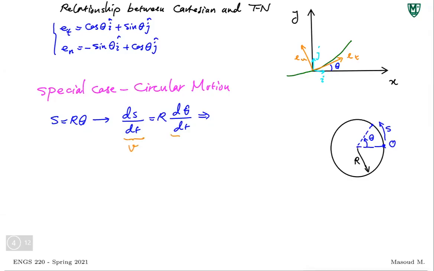I'm going to define d theta/dt as omega, angular velocity. So this becomes v equals r omega. Omega is also a vector, but you'll see later.